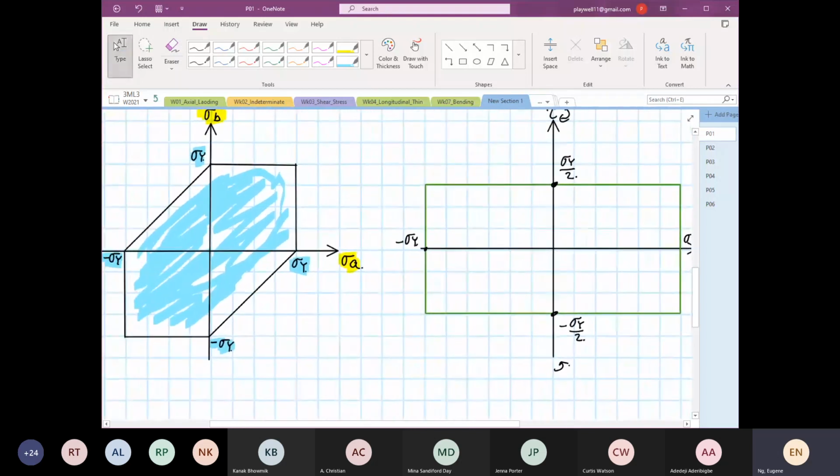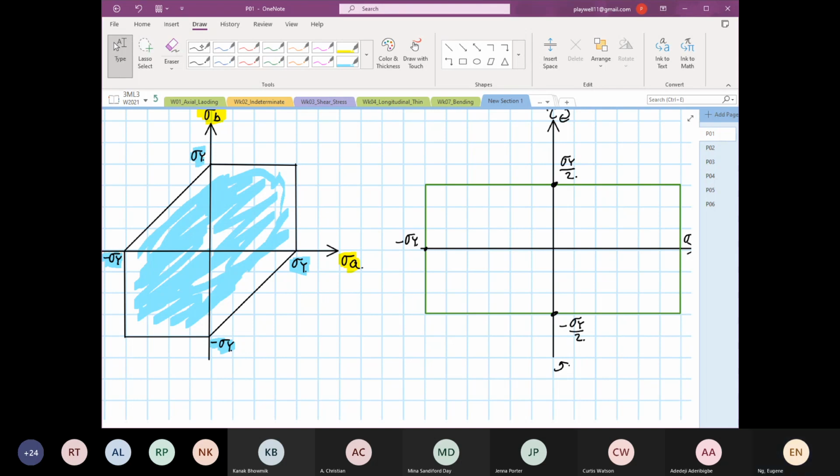So if we look at this box over here, I want to find how to relate the figure on the left to the figure on the right. That's what I'm trying to do.